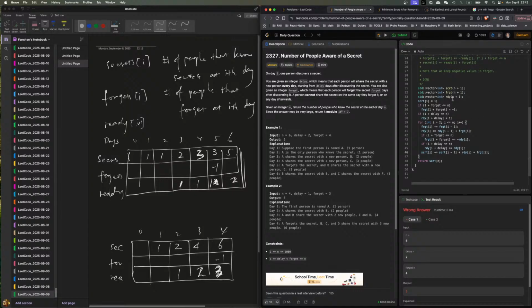Okay. We got 1. Delay is 2. Plus 3. Right? I mean, just 3, so this is a 1. And forget is 4. 1 plus 4, 5. 5 should be a negative 1. Okay, so forget is 0 equals 0. And this 2 will be this, so it's still 0.